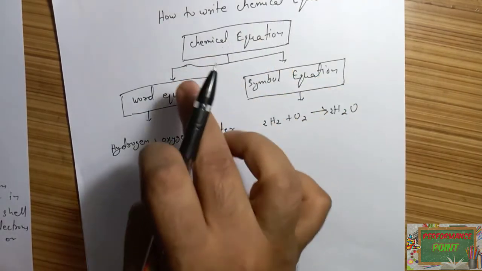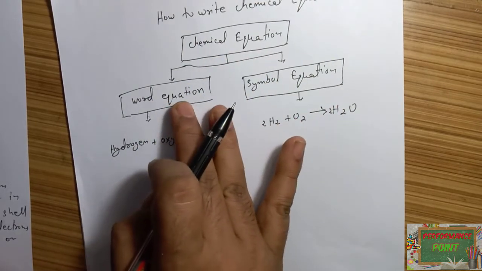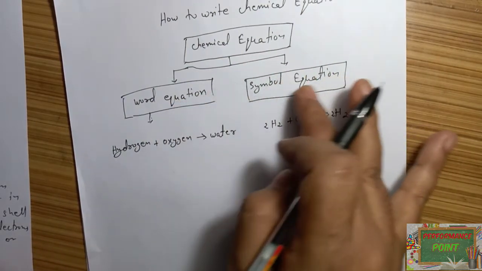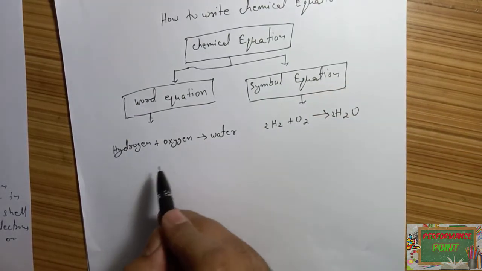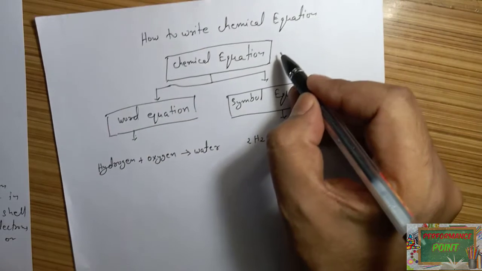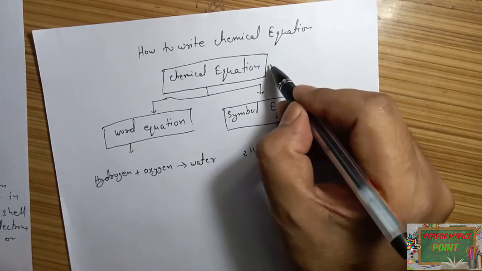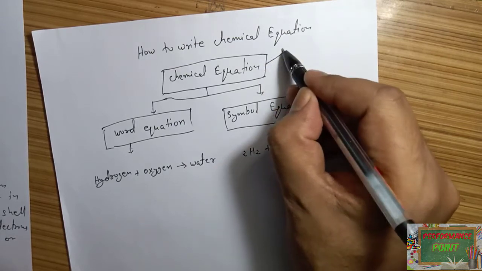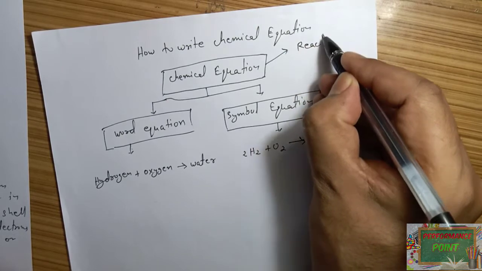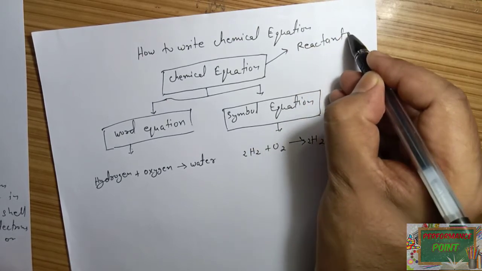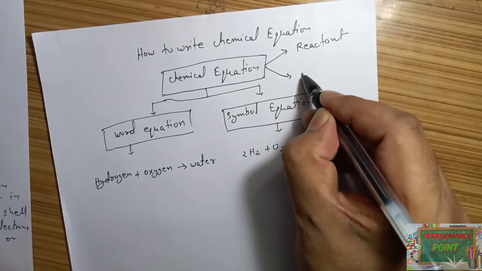A chemical equation can be written either in word equation format or as a symbol equation. A very important point is that a chemical equation has 2 parts: one is reactant and another is product.